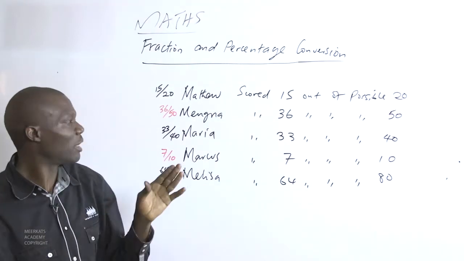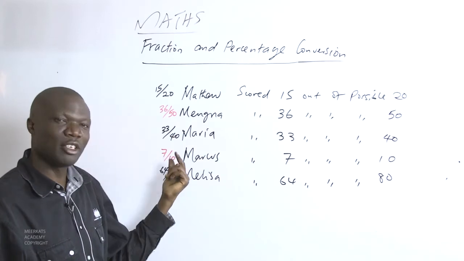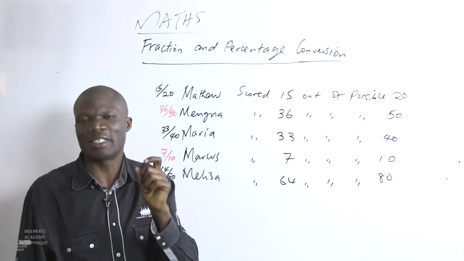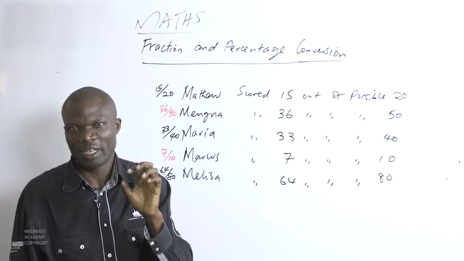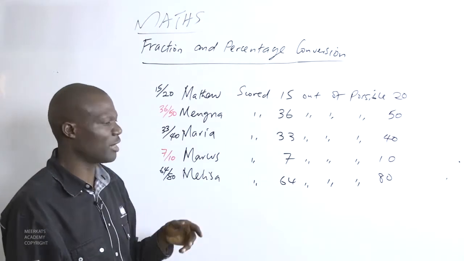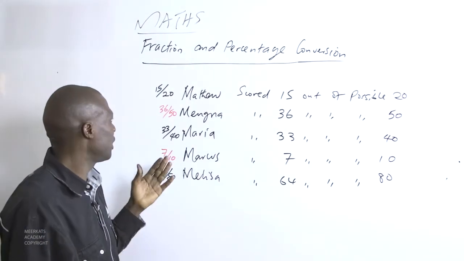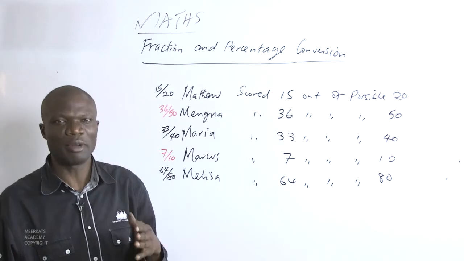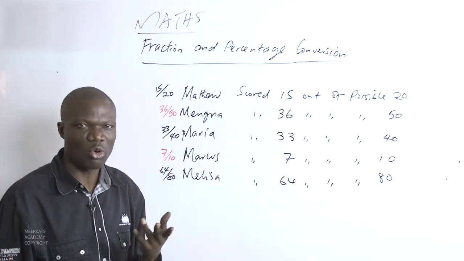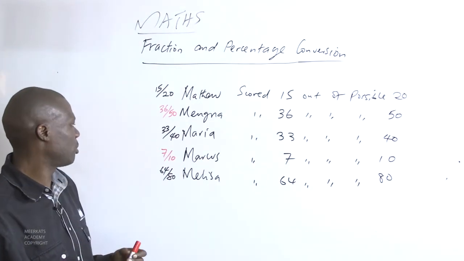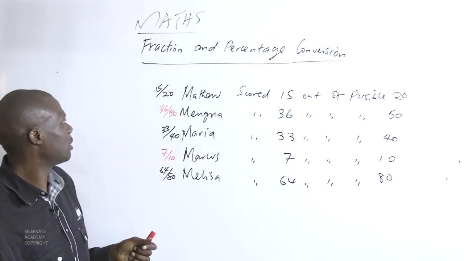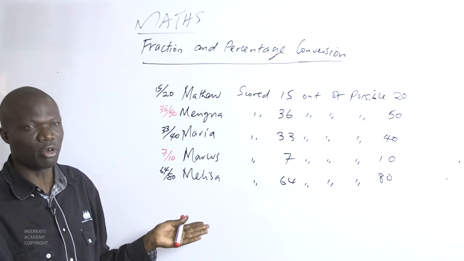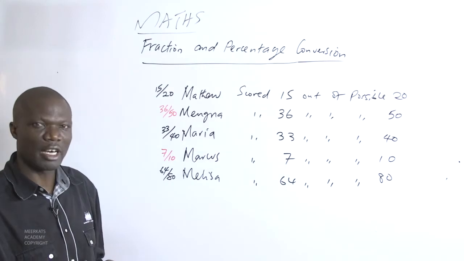Take note that for us to do this, we only need to maintain a denominator that is 100. So we can still rank these pupils by simply bringing them to the denominator of 100. And this can be done in a very simple way, and from there we shall be able to identify who is leading and who is not.